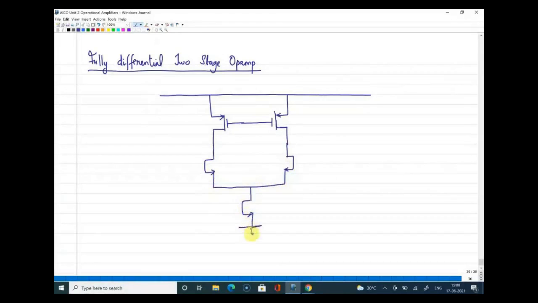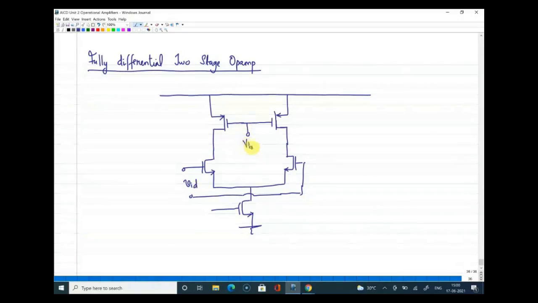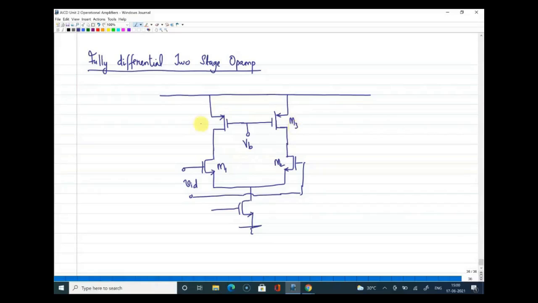These are the input transistors, so we'll keep this. Input is provided like this, vid, and this will be biased. So this is Vb, this is M1, this is M2, this is M3, and this is M4. Now the output of this should actually go and bias the next stage, right? The output DC should bias the next stage, and through that the signal should go.